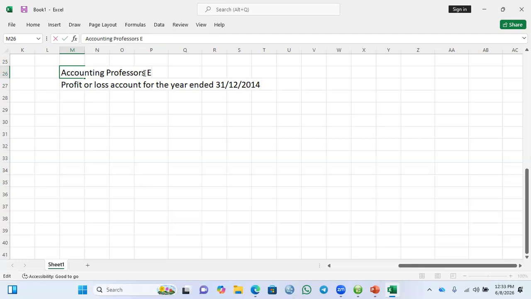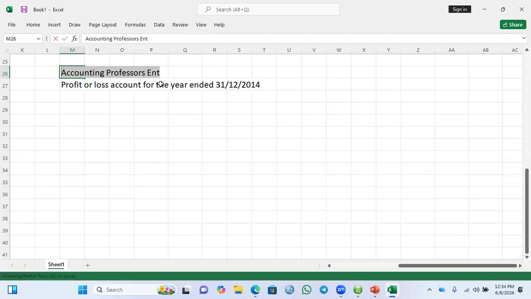My own I did profit or loss account for accounting professors enterprise for the year ended. Okay. It's better when you bring the name of the business first on top, right? That way is better. So always write the name of the business, then write the title of the account you are preparing, as I've done here.